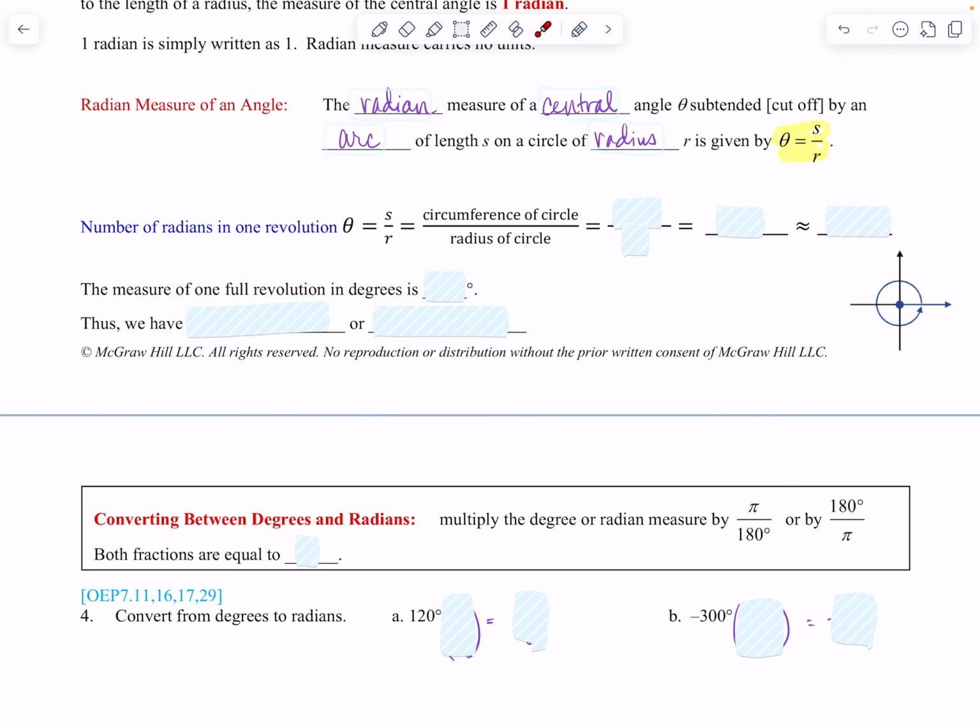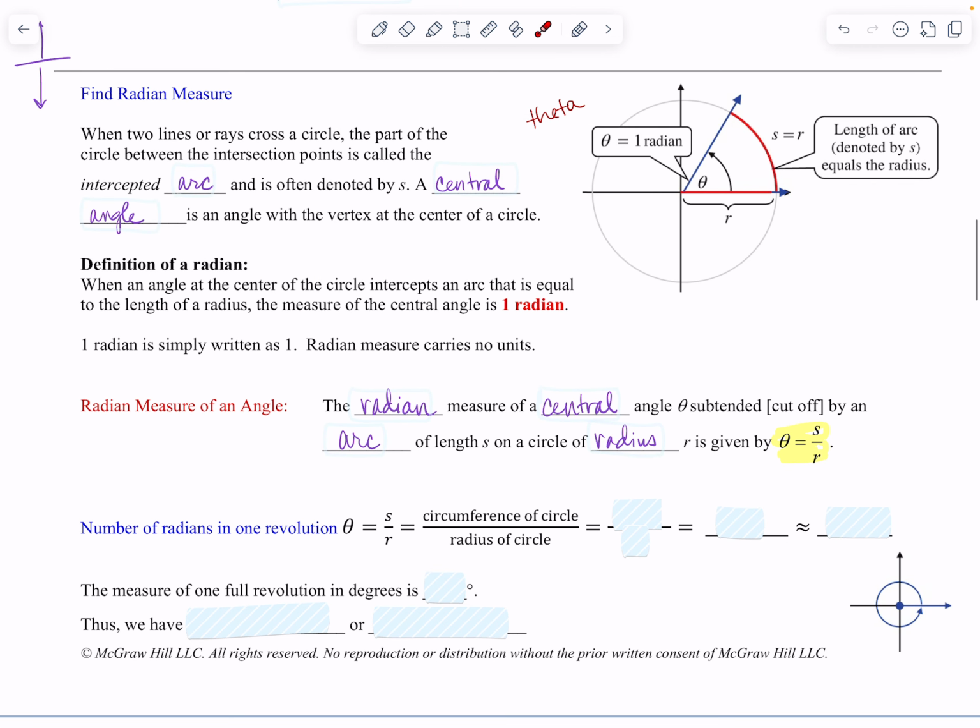The number of radians in one whole entire revolution. So in other words, this time, instead of my angle just stopping here with the arc equaling the radius, we want to know what is the radian measure of one whole entire revolution. So let's figure out what that is. Well, in that case, my arc length, remember S is my arc length, my arc length goes around the entire circle.